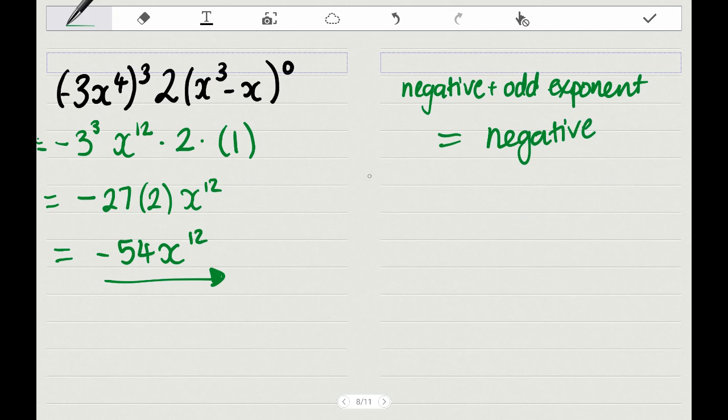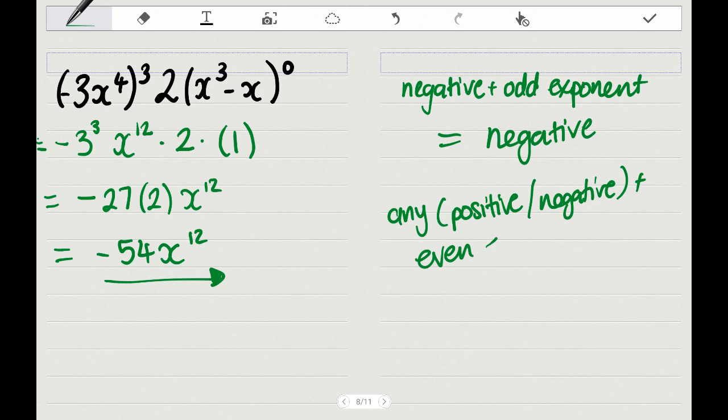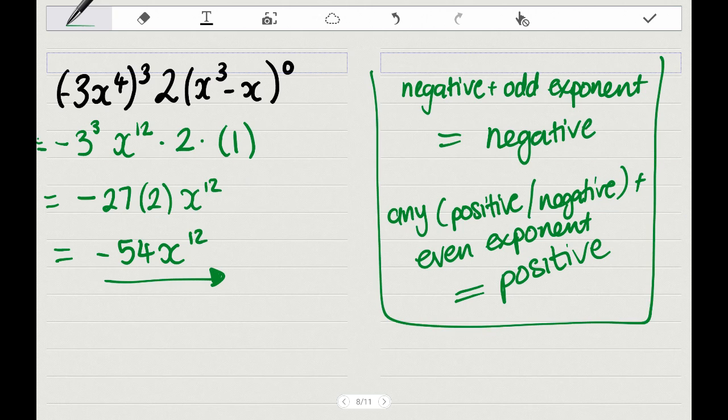Okay, and any positive or negative with an even exponent is positive. Okay, so that's an important point, and just remember this for the future. But let us continue with our examples.